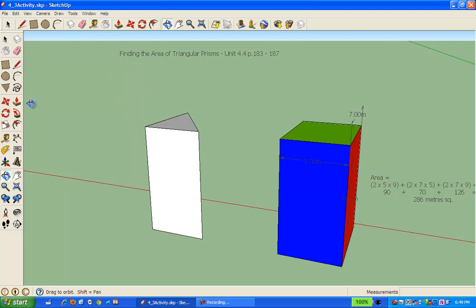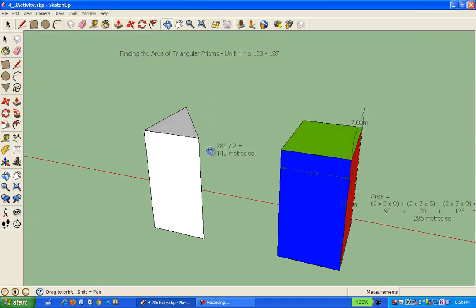Dividing that in half, I go 286 divided by 2, and that equals, half of 286 is 143. 143 meters squared is the area of my triangular prism.